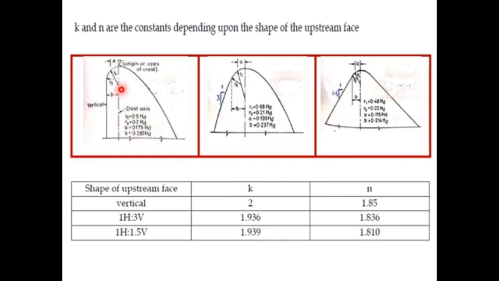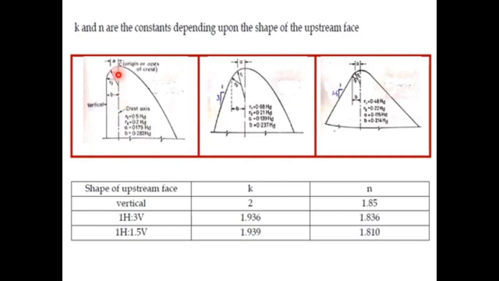Similarly, to draw the upstream profile, the various parameters are given here. For example, this is R1, which is drawn like this, equal to 0.5 times Hd. From here, it is R2, and this profile is drawn like this, equal to 0.2 Hd.